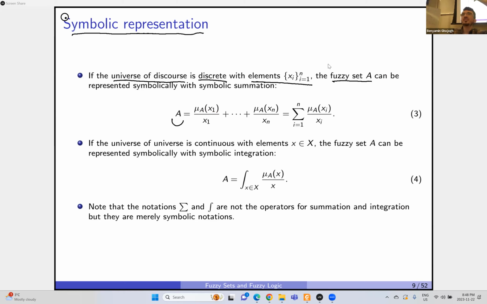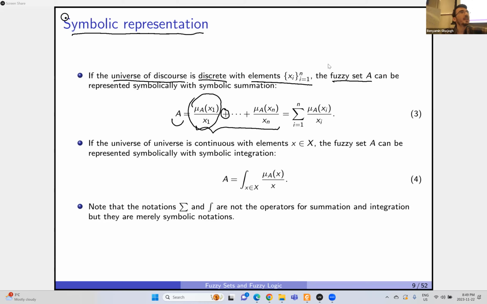You have fractions where the numerator is a membership, and the denominator is the element. So one notation was the paired one. The other one is this one. And you sum them up. This sum doesn't mean summation. This is just notation. This fraction is not a fraction. This is just notation.